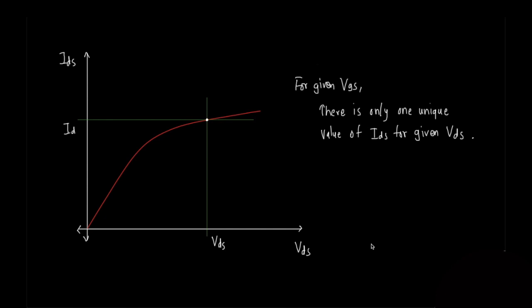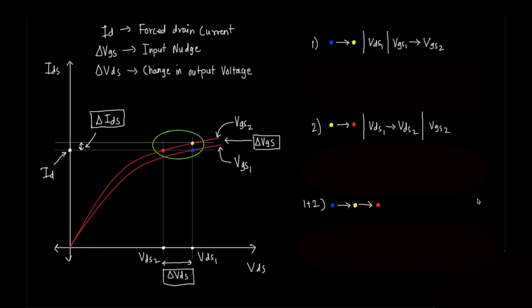Let's evaluate the change in output voltage delta VDS. Let's look at the graph and see if we get any hint. What you see now are two traces taken out of the IDS VDS graph. As we increase VGS, the graph changes from the bottom one to the top one. Just for ease, these two graphs correspond to the exact change in VGS that we are giving to the MOSFET.